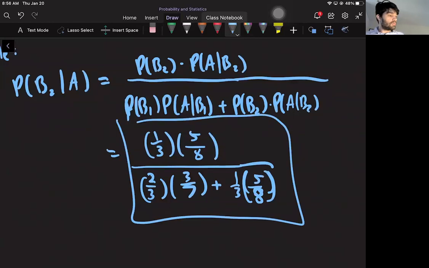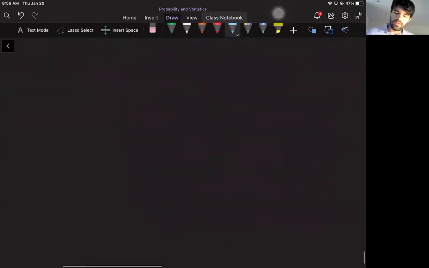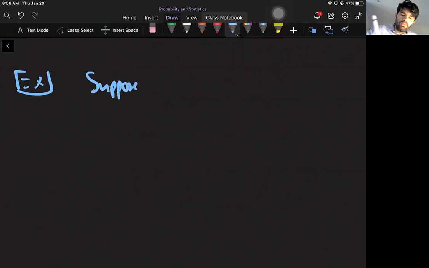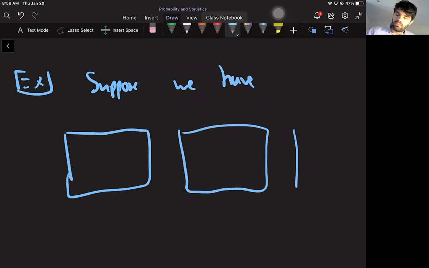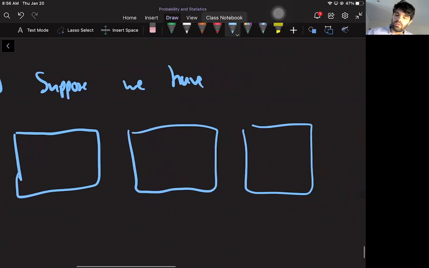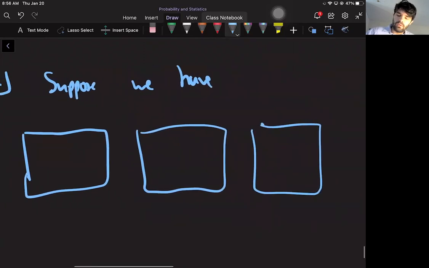All right, so let's do one more example. For this example, I'm just going to draw a picture just to speed up all of the writing. Let's suppose we have 3 buckets this time. And what do we got in here?